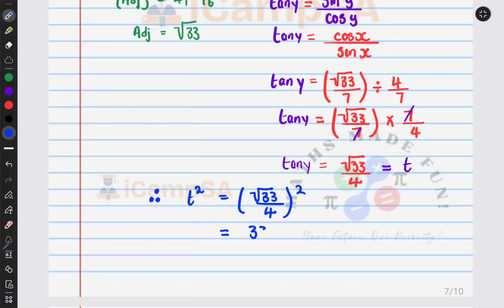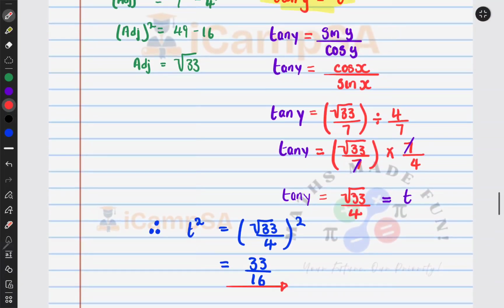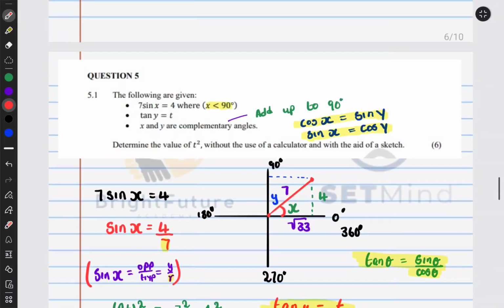It's 33, over 4 squared, which is 16. That is t squared. So that is your answer: 33 over 16. It includes a bit of work, but it's 6 marks, so it makes sense.